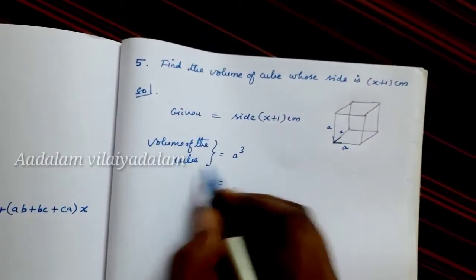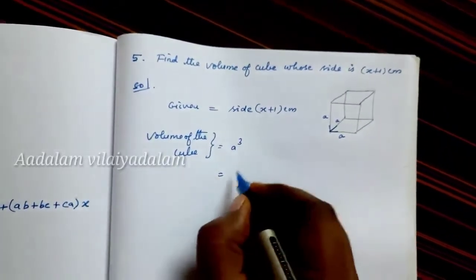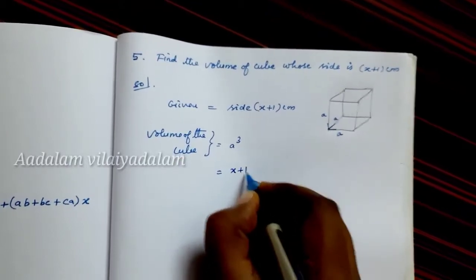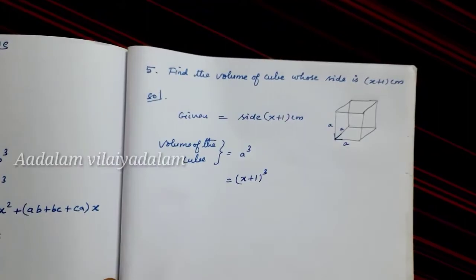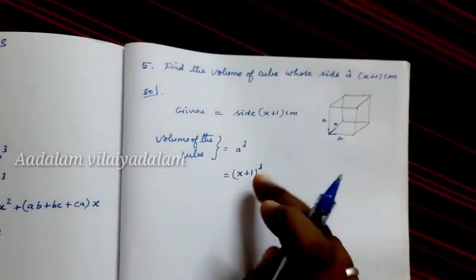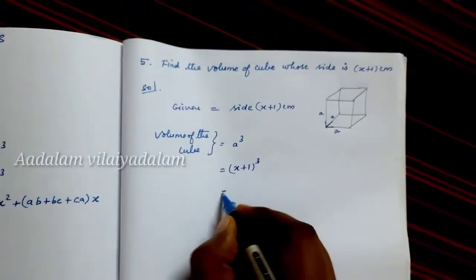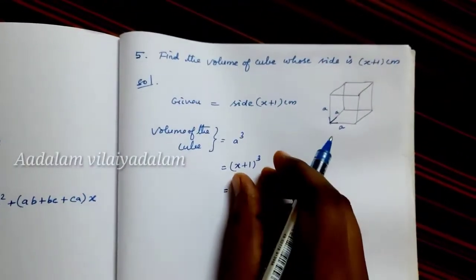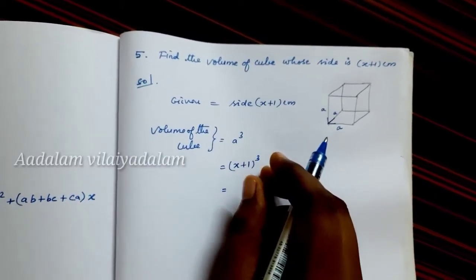Here the volume of the cube formula is a cube, but the given side is x plus 1. Therefore, we can write (x + 1) the whole cube. If we substitute this value, then we can find the volume of the cube. Look at this, it looks like a cubical identity, isn't it?